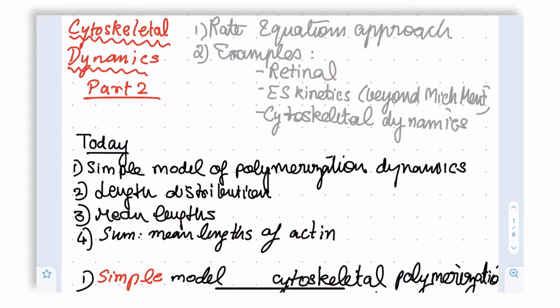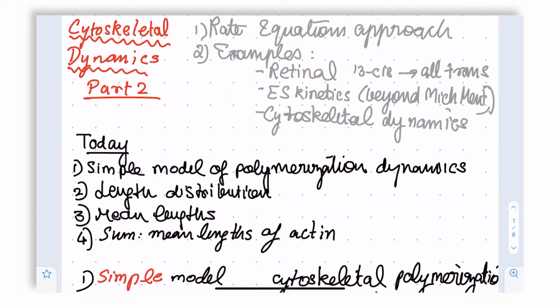And took some examples from biomolecular systems, like the transition from 13 cis to all trans retinal, which is involved in vision, enzyme substrate kinetics beyond Michaelis Menten, which we did not write down any equations for. And finally, we concluded that cytoskeletal dynamics proves to be a more interesting phenomenon simply because it goes beyond what you have already studied and something hopefully that might be a little new for you.